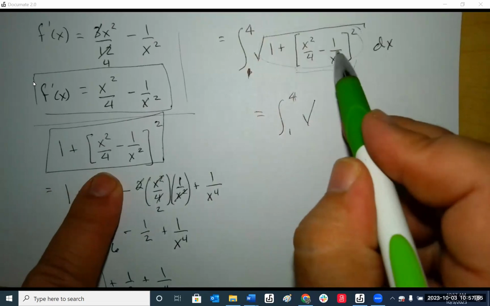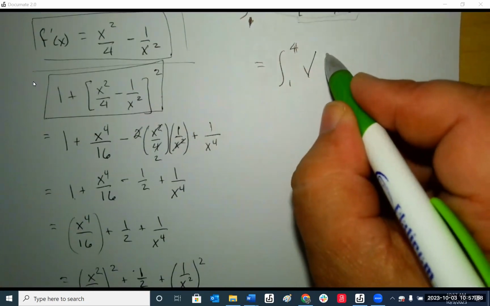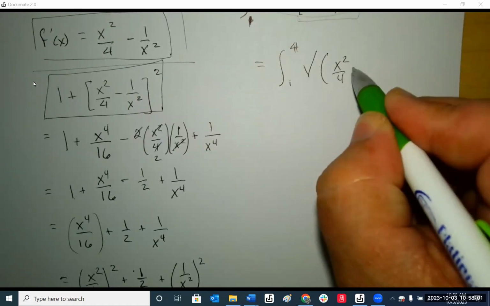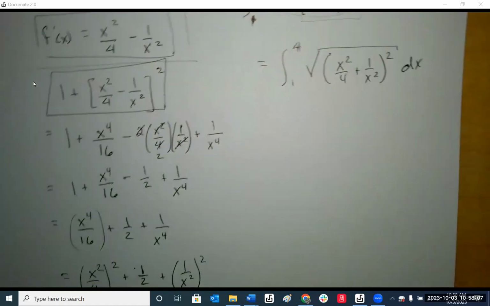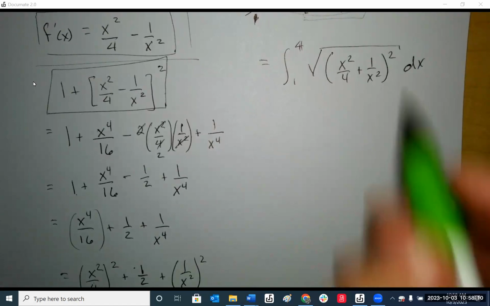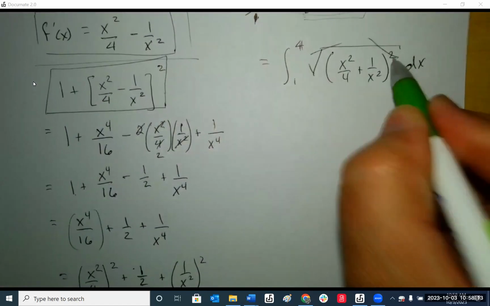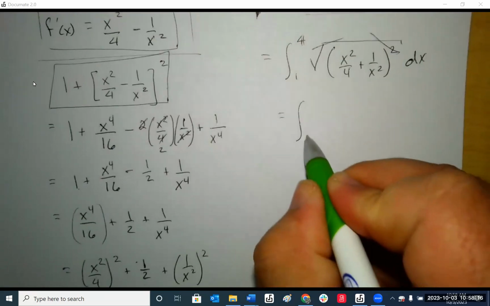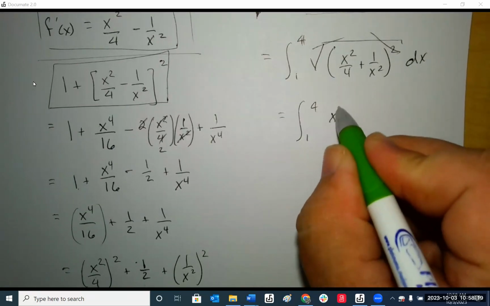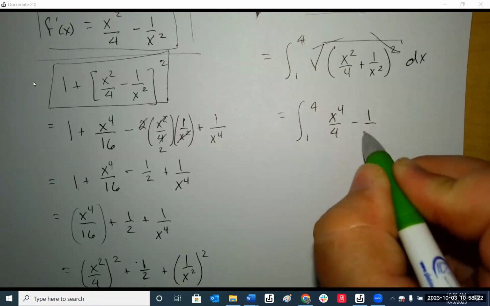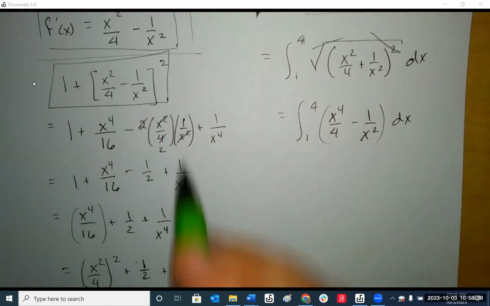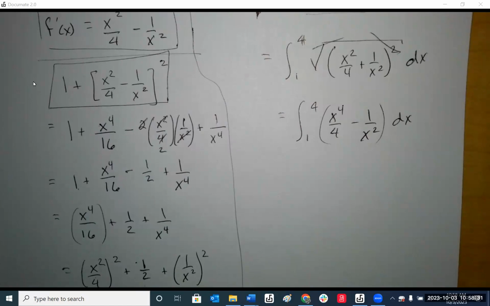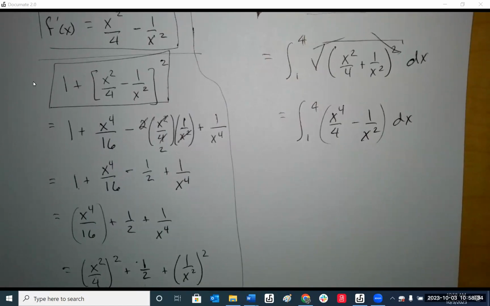So instead of 1 plus this, I now have the square root of x squared over 4 plus 1 over x squared, squared, which the radical and the exponent cancel. X squared over 4 plus 1 over x squared dx. It made it much easier for us.